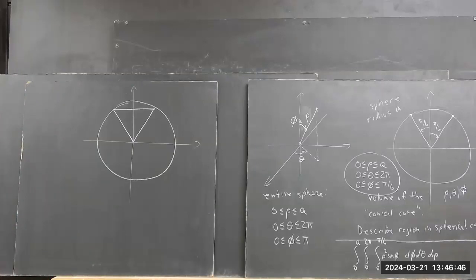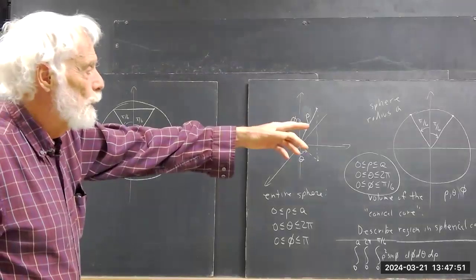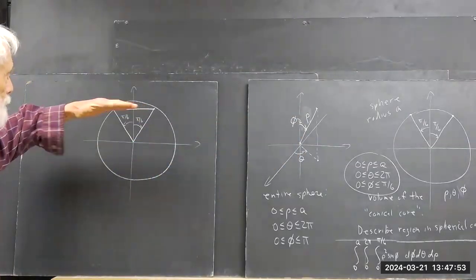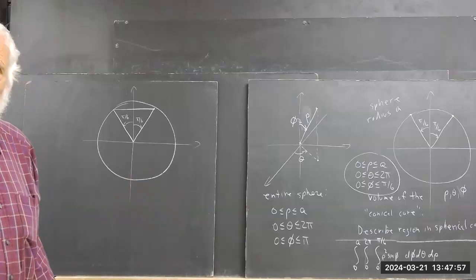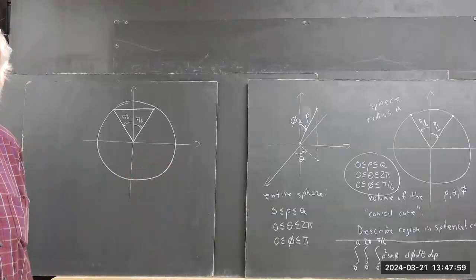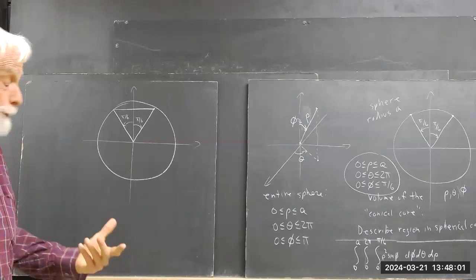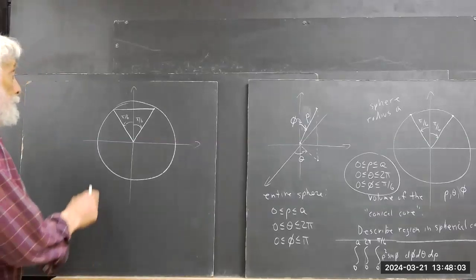What are we going to do if we want that cone, except we want to flatten it off? Well, I got the pretty immediate response: use cylindrical coordinates. Okay, cylindrical coordinates are fairly straightforward.